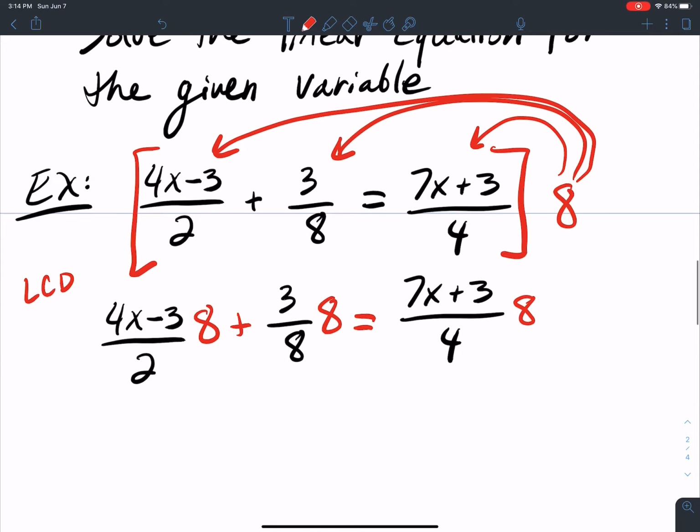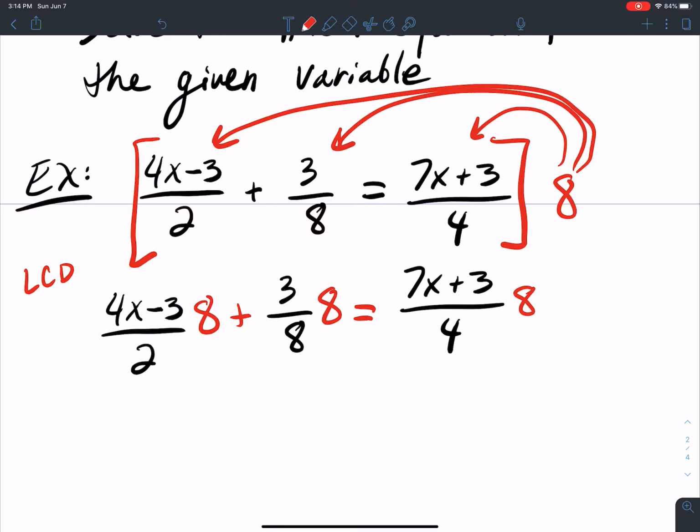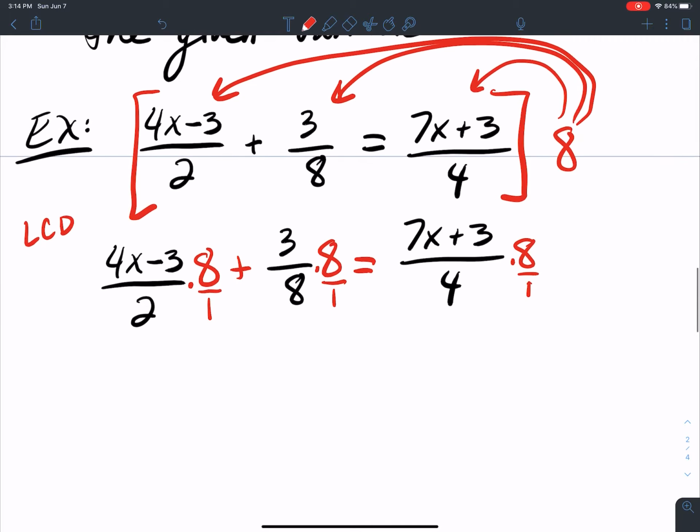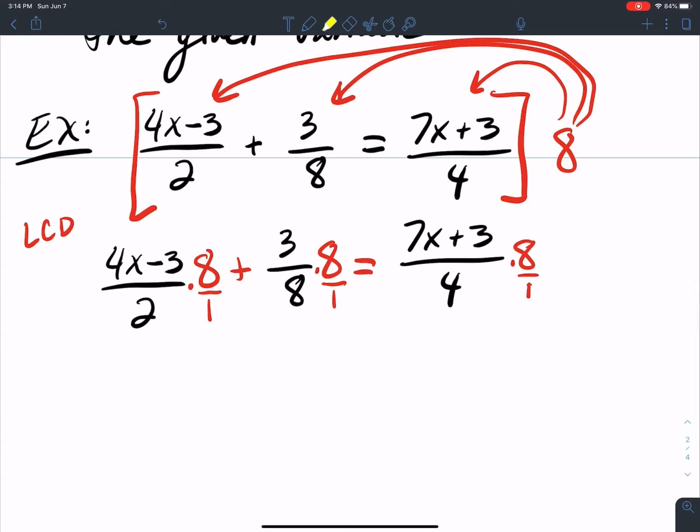And so now what am I going to do? I'm going to simplify. Now this 8 here, I'm multiplying by 8 for each piece right here. You can write 8 over 1, 8 over 1, 8 over 1. That's still 8, right?